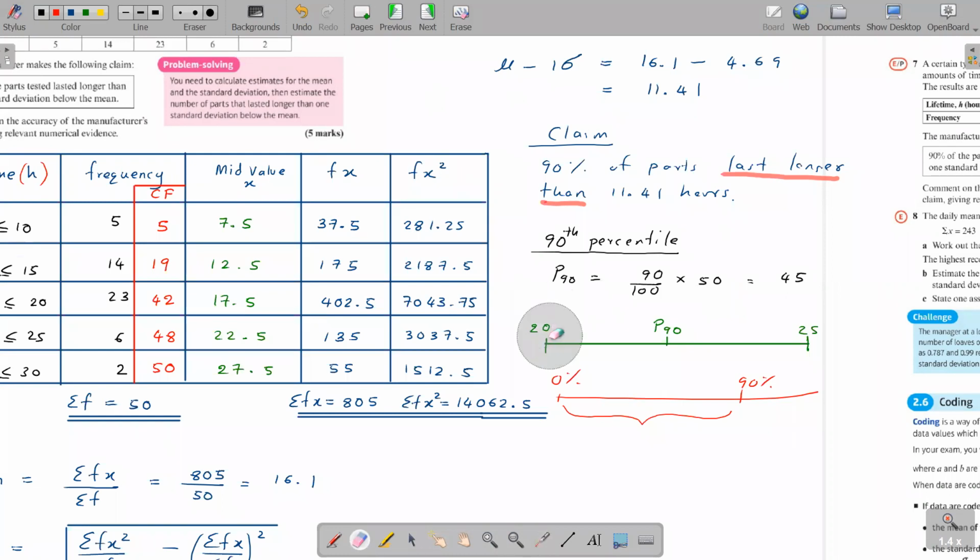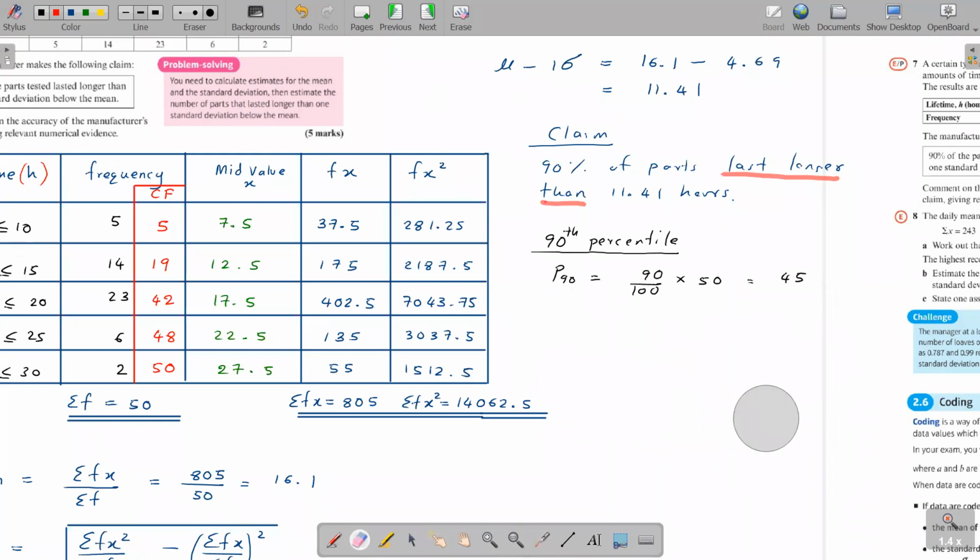Let me redo this. So here, if this line represents the lifetime, okay, so over here 0%, and over here it represents the complete total percentage. Okay, he says 90%. So there is a value here, this 11.41 hours, right?